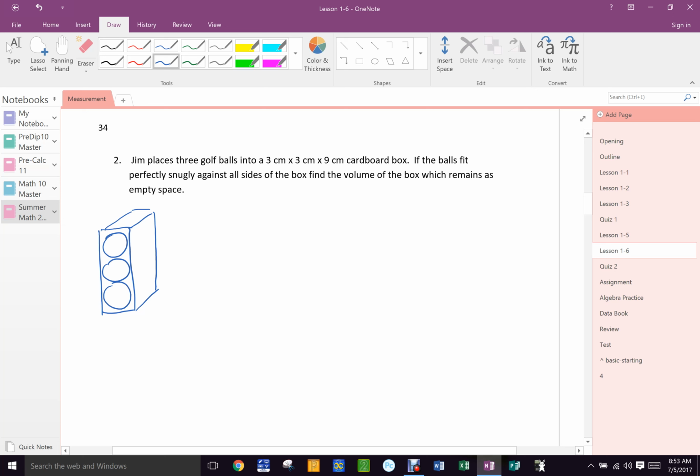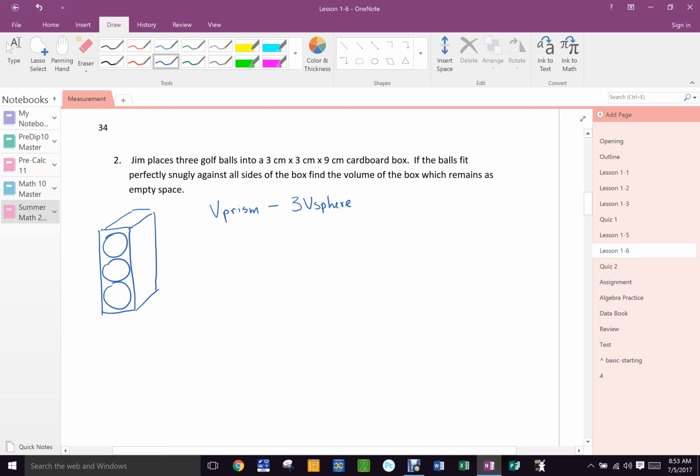So what's actually happening here? I have the volume of a prism, and I'm taking out the volume of what? Each golf ball, right? How many golf balls are there? 3. So it's the volume of one prism minus 3 volumes of the sphere. Yes?